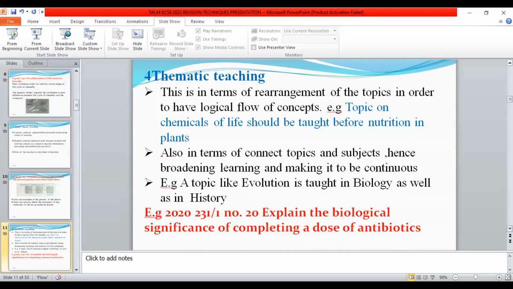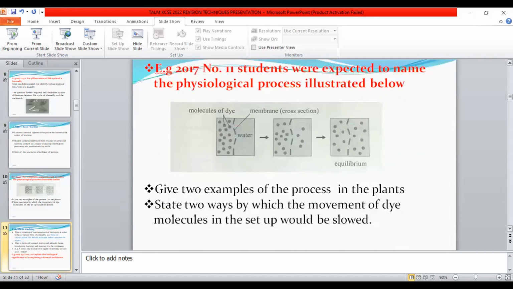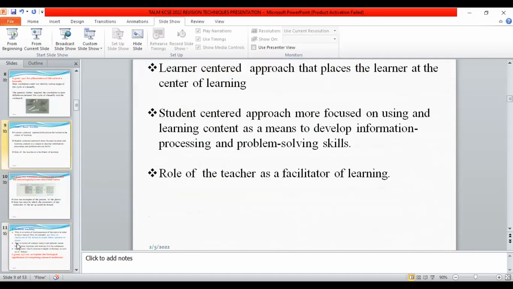The other thematic teaching that you normally find is on the relationship between the content that is learned in biology and the content that is learned in the other subjects. For example, we have the topic on evolution, which is normally taught in Form 4 biology. The same topic is taught in Form 1 history. We have also the evidences of organic evolution.